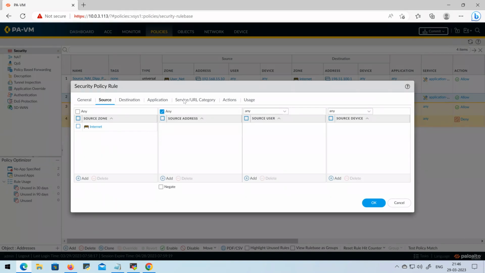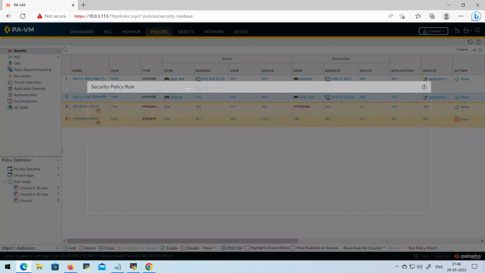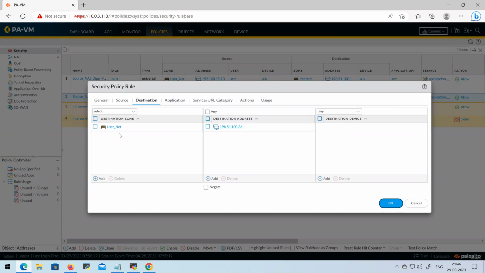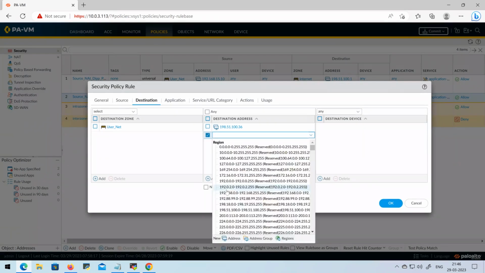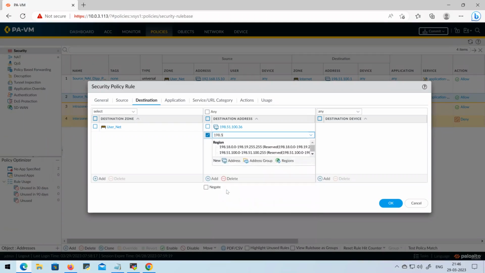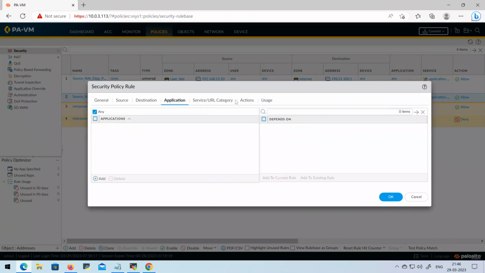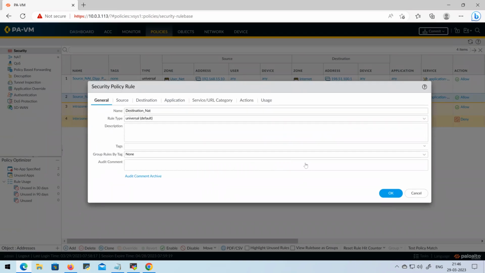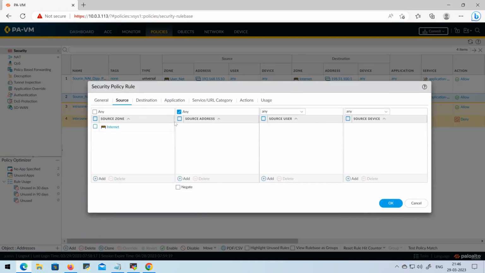Now the security policy: your original source will be internet, destination zone this time usernet, destination address 198.51.100.22. Application any, action allow. We are not putting any application sort of thing.